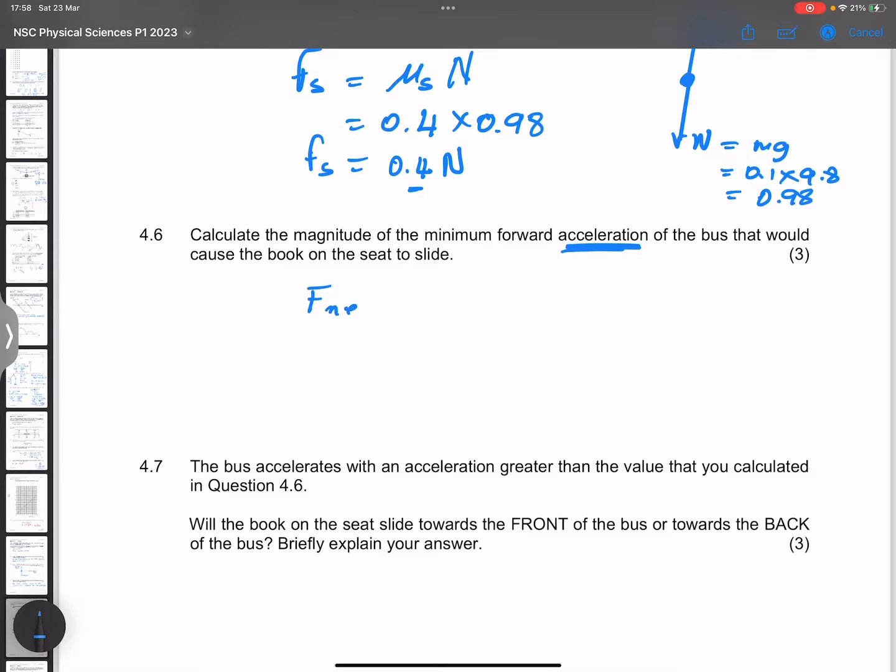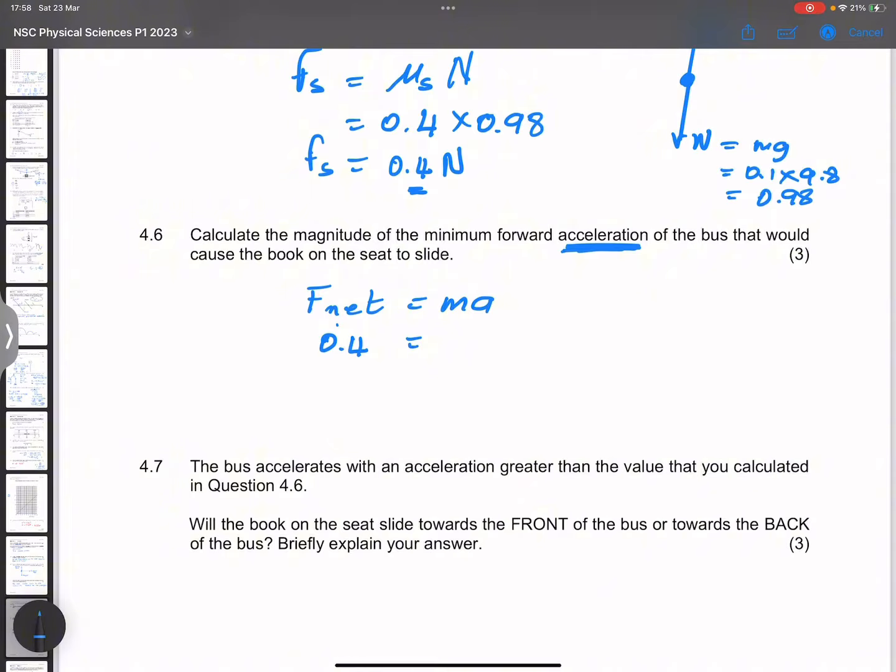F net is equal to ma, and we want the minimum forward acceleration, so that minimum acceleration must just overcome the static frictional force. So the net force must at least be the value of the static friction, that would be 0.4.